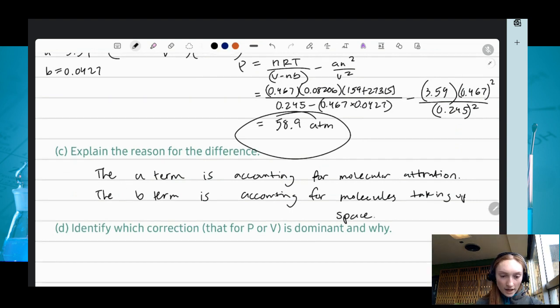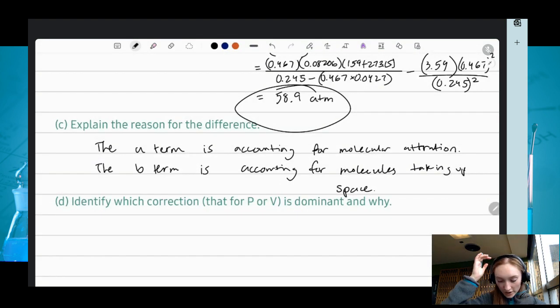And so the reason why the pressure is different here is because at higher temperatures, this is at a very high pressure, 58.9 atmospheres, the b term is more dominant because it's the volume that's depending on the pressure change. When there's high pressure, the b term is more dominant. The opposite is true if it's low pressure, the a term is more dominant because of how the attraction and the volume work together.